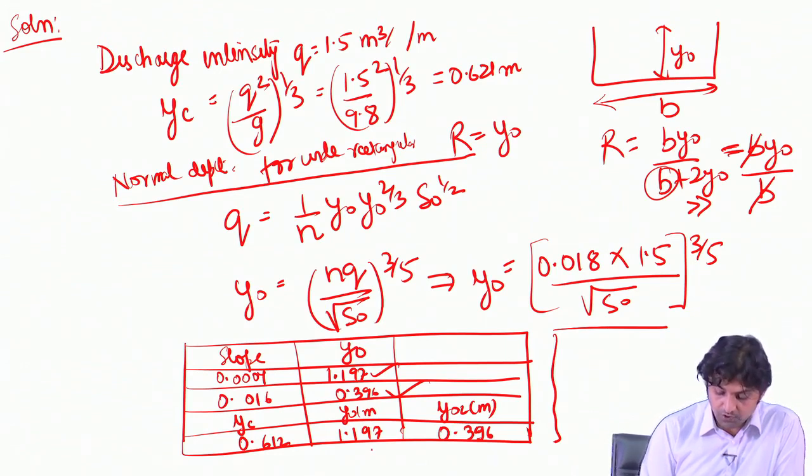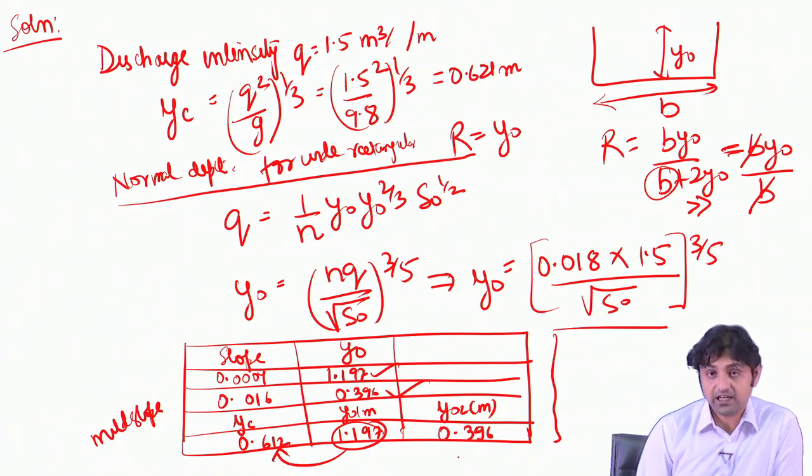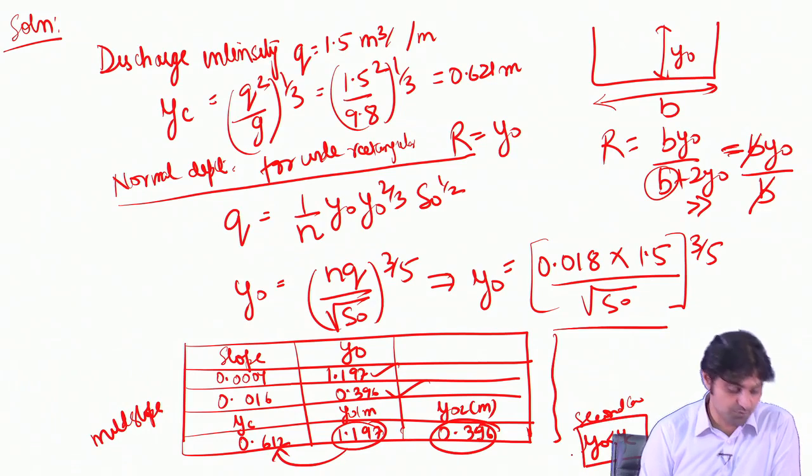So, if you go from 1 to 2, since y naught here is greater than yc, this is a mild slope, the first one. But in the second case, y naught is less than yc. So, basically this is the steep slope.